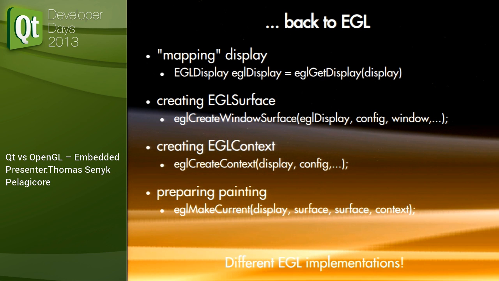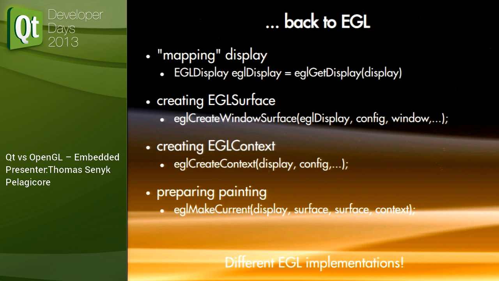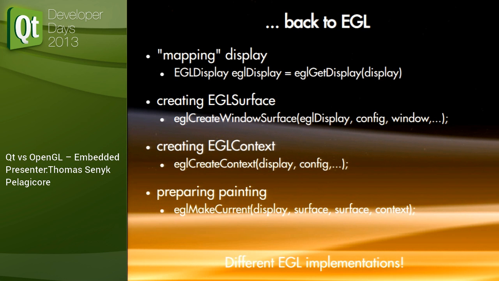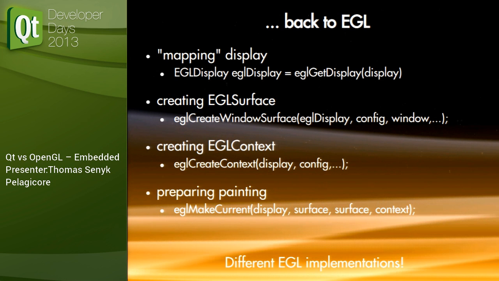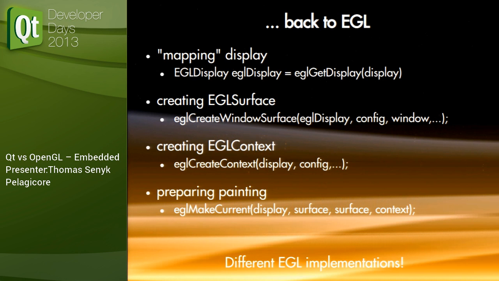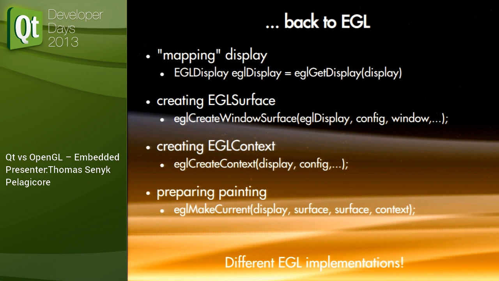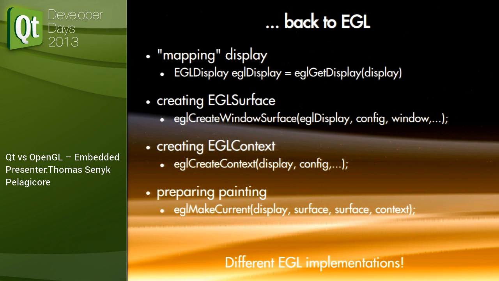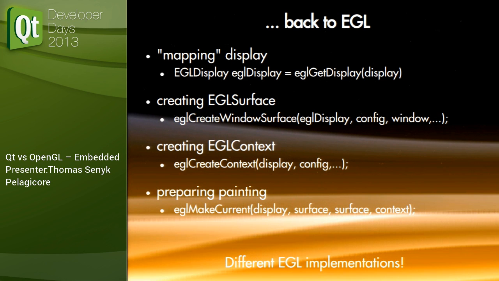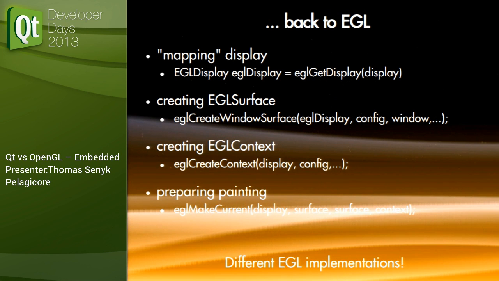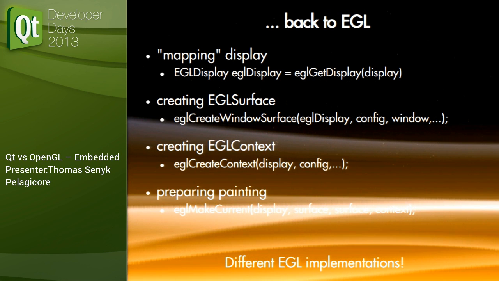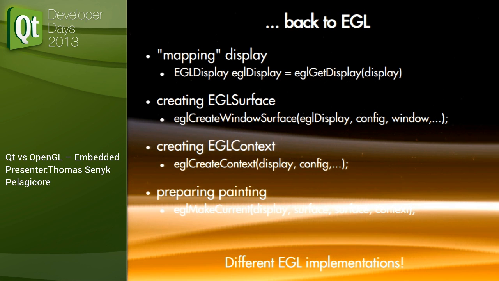And before you paint, you have to prepare your painting, making the context current. We've talked about that: actually making an instance, activating an instance of OpenGL. You do that on the surface using the context you created and using the display. Very important to understand is, again, EGL is part of your drivers, and the driver is platform specific. So it's chip specific and platform specific.